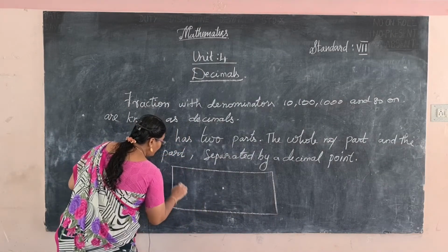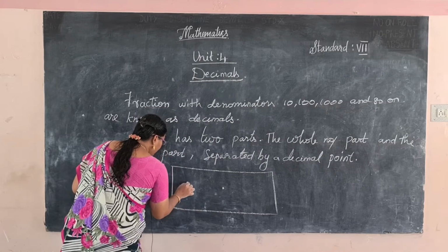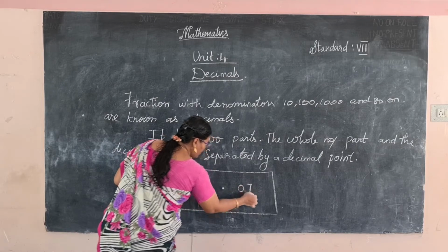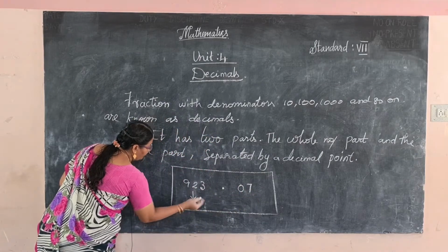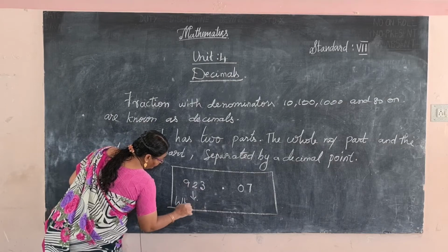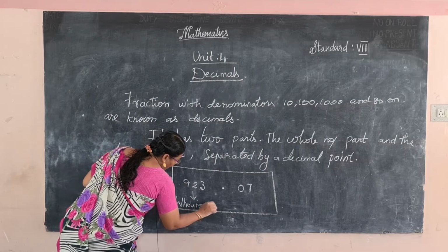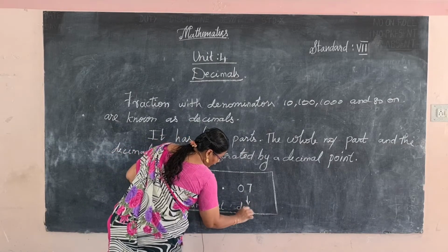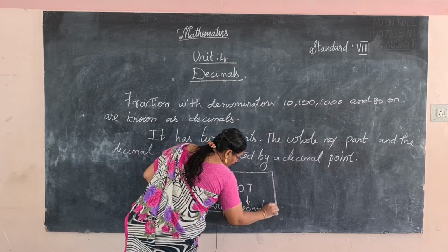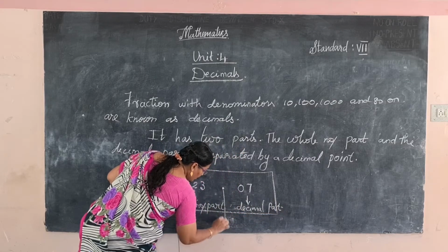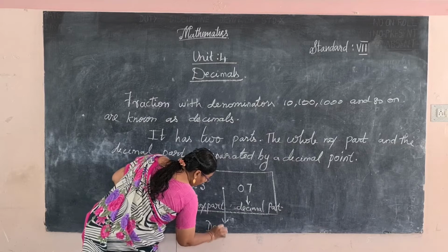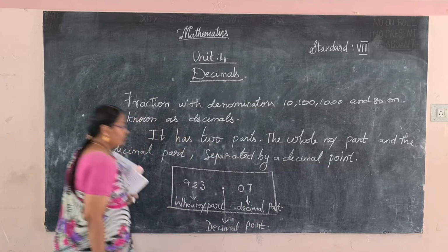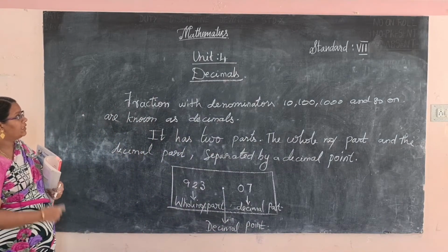For example, in a number like this, with decimal point 7, this is called the whole number part, this is called the decimal part, and this is called the decimal point. I hope this concept is clear.